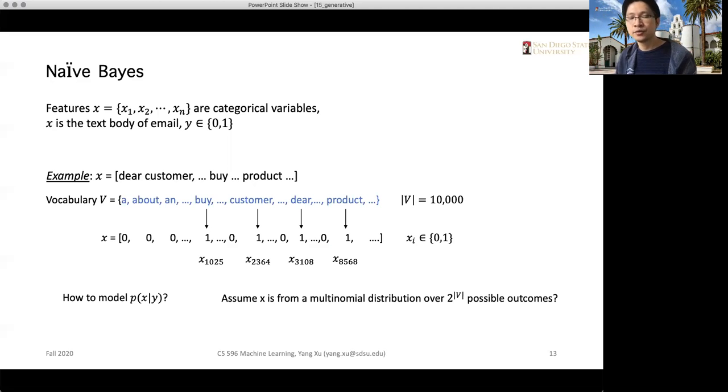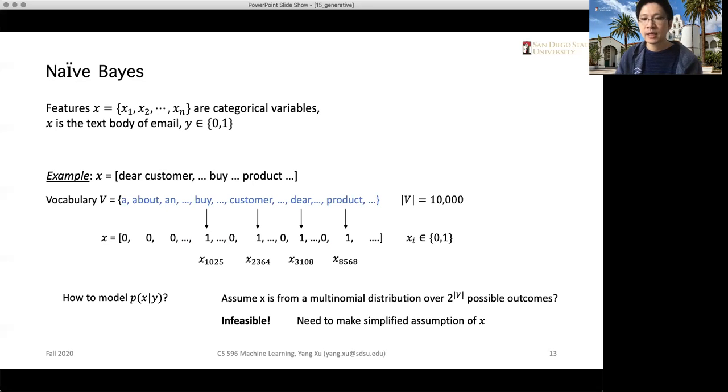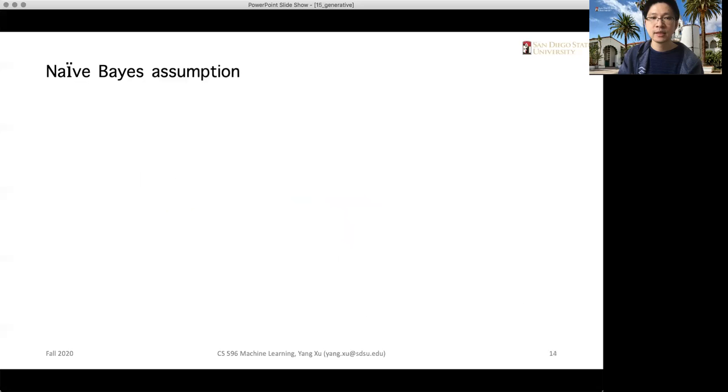Then if I'm going to model X in such a way, we need to consider 2 to the power of V possible outcomes, which is totally infeasible, okay? So we need to make some simplified assumption of X, okay?